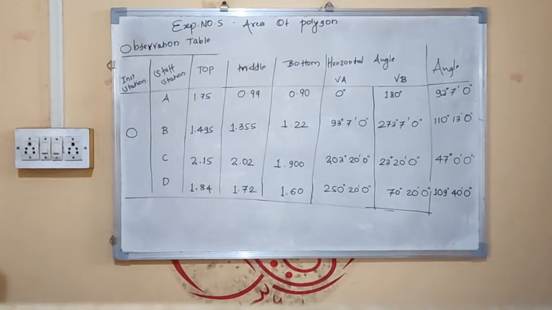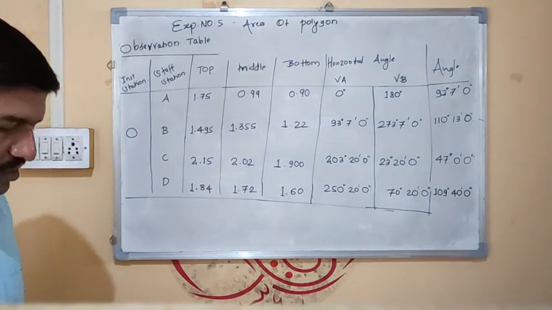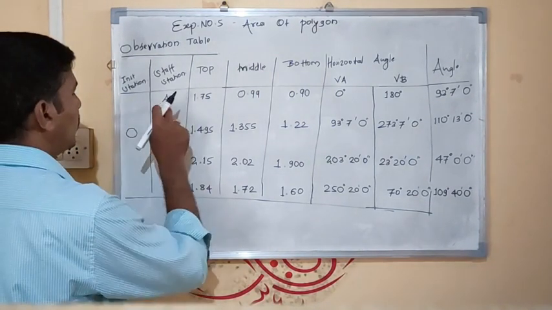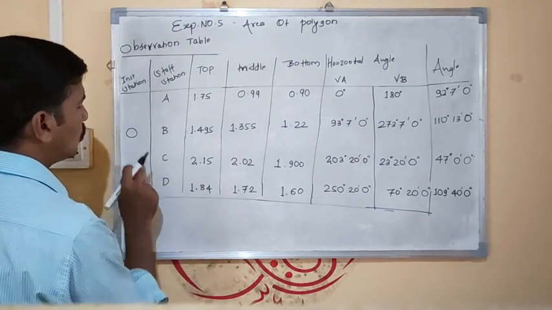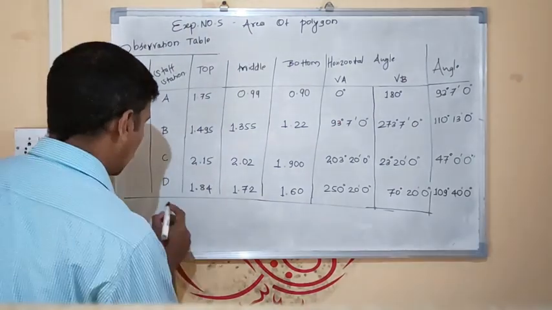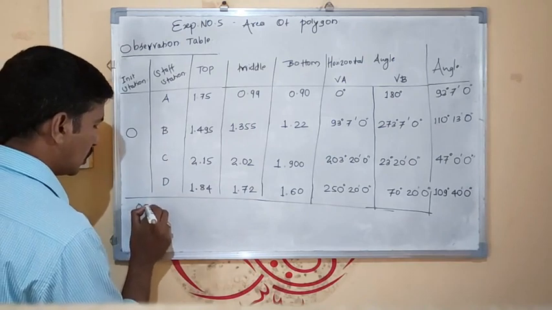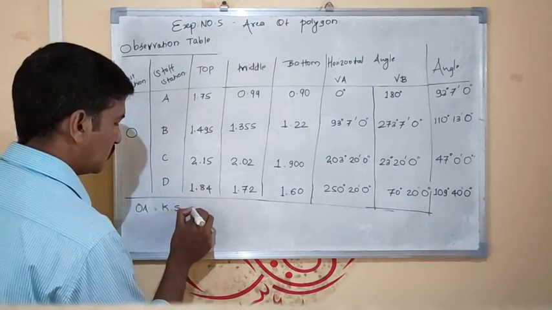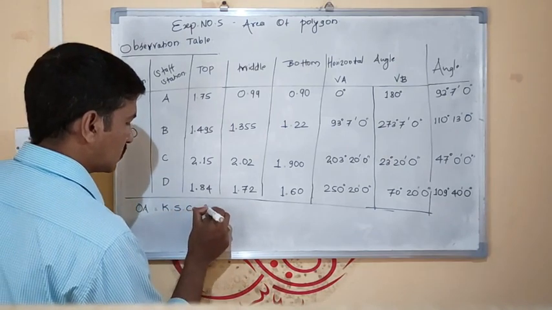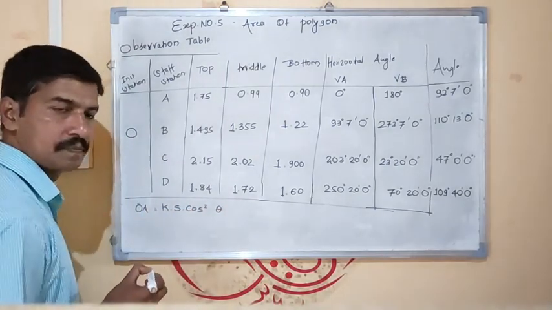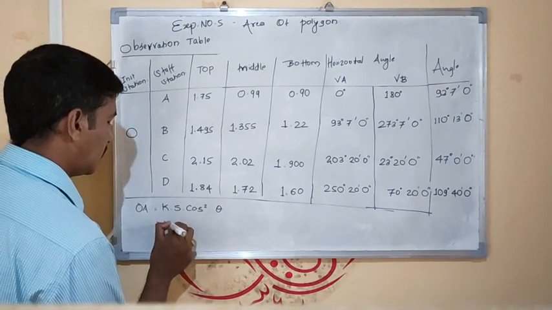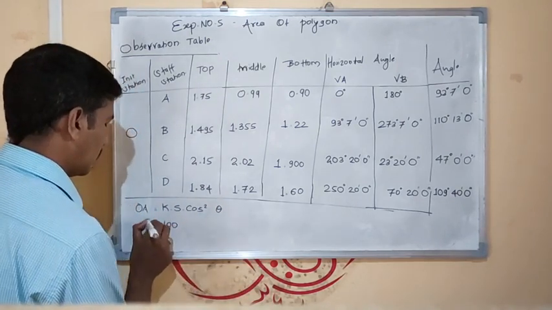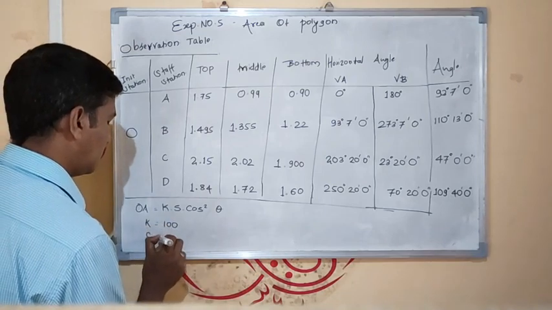From this observation table, we have to find out the distances O to A, O to B, O to C and O to D. How to find out OA? The formula is K S cos square theta, where K we take as 100 and C we will take as 0.